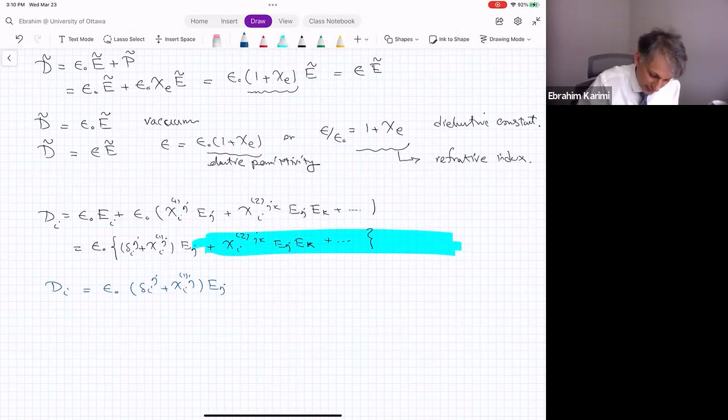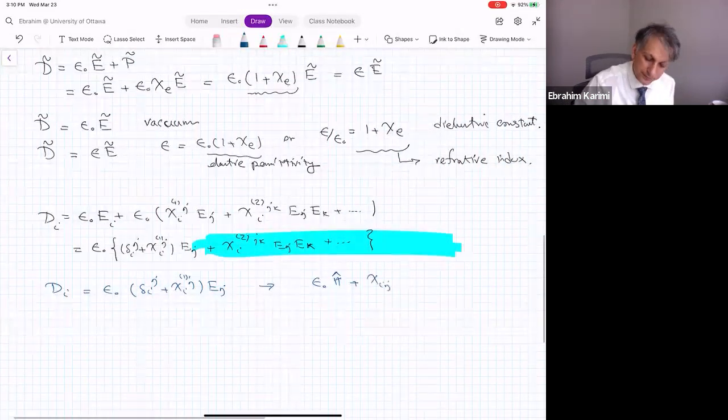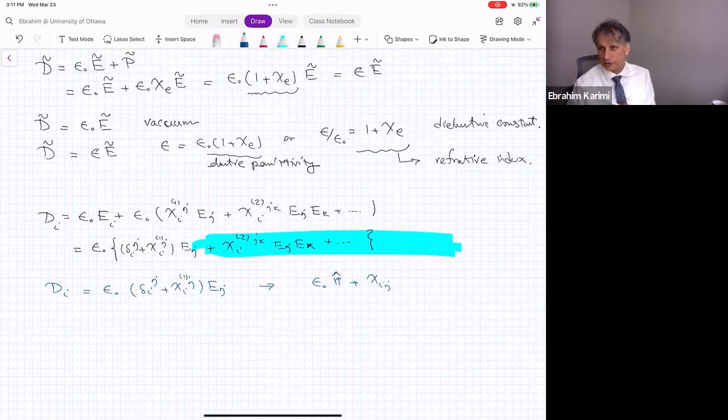So that will be essentially nothing more than epsilon_0 with the identity matrix plus what you had as chi_ij in your calculation.